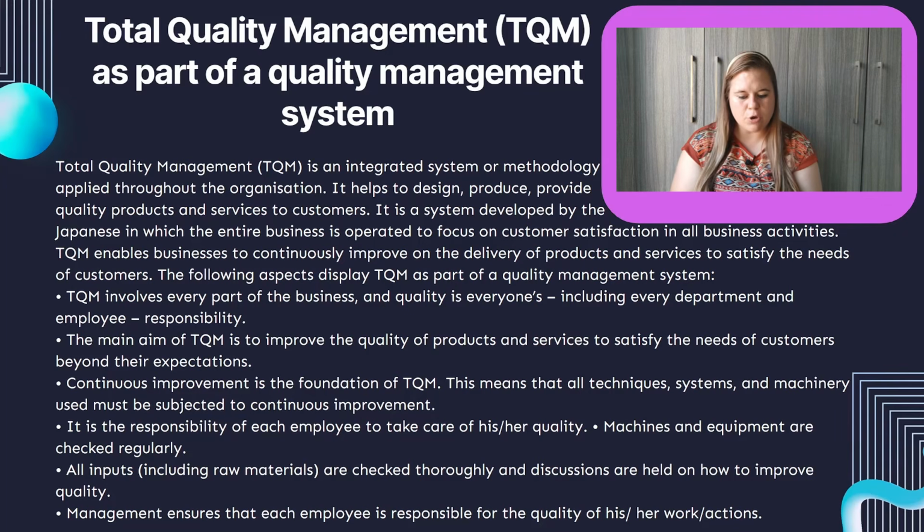TQM involves every part of the business, and quality is everyone's responsibility, which includes every department and every employee. The main aim of TQM is to improve the quality of products and services to satisfy the needs of customers beyond their expectations. Continuous improvement is the foundation of TQM.